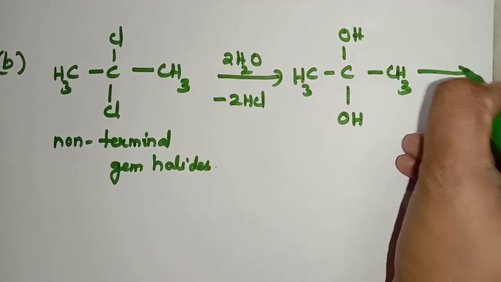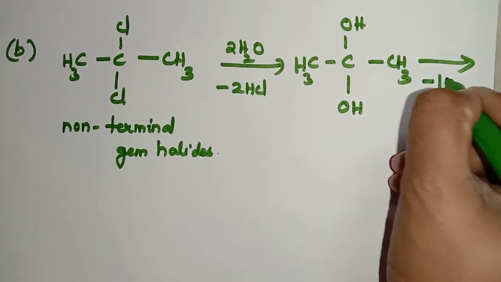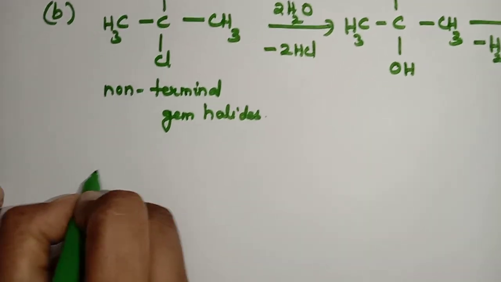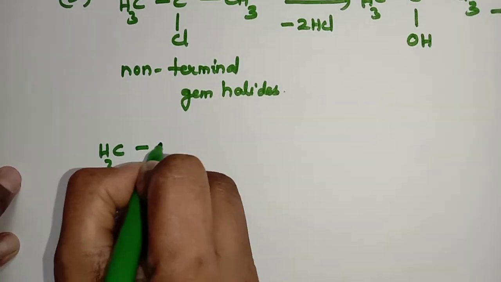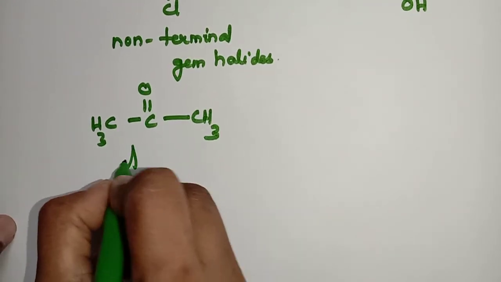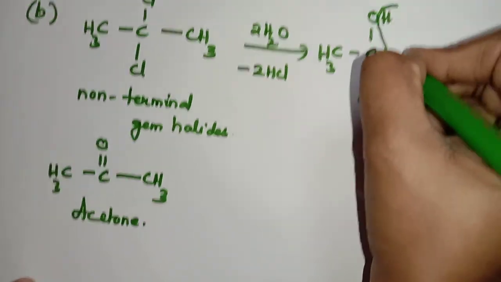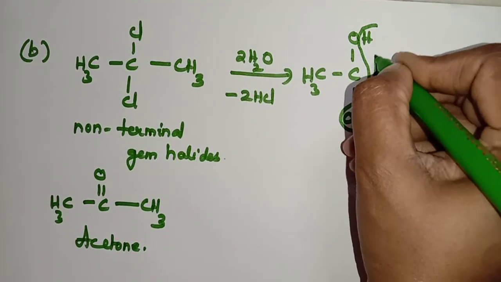Again 2 OH groups on a single carbon is unstable, so minus H2O, we get CH3 C double bond O CH3, which is a ketone called acetone.